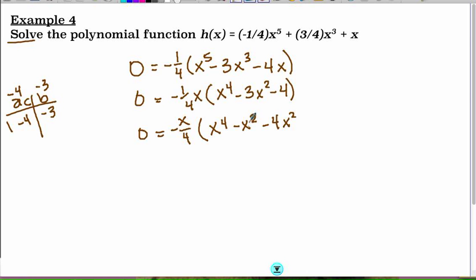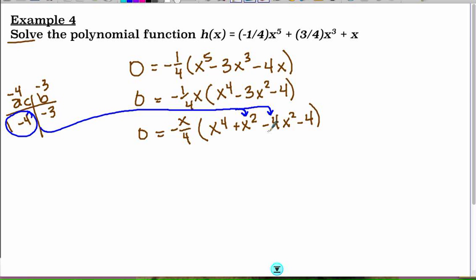Notice that this is a positive 1. So I got the 1 and the 4 from these factors that I just took. These numbers are the ones that I used over here. And then I'm going to keep the negative 4 at the very end.